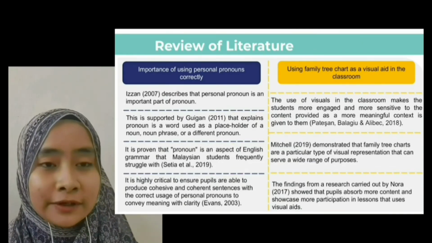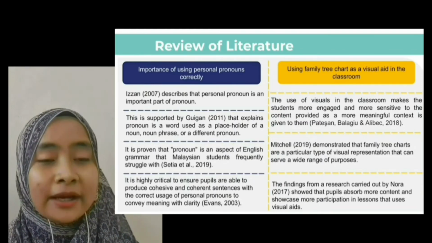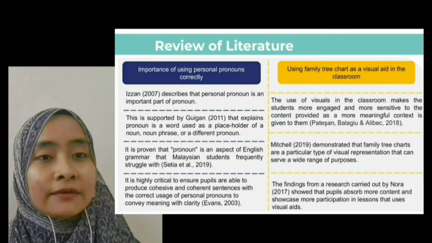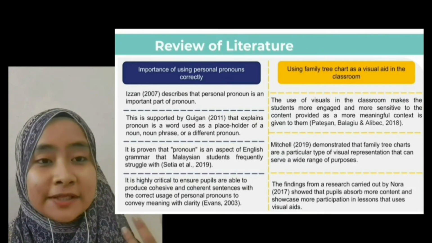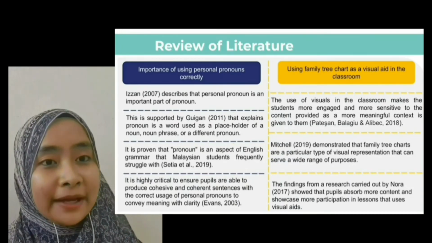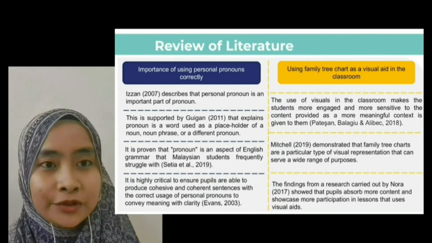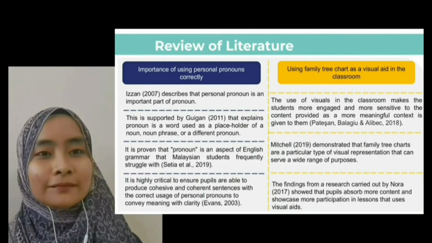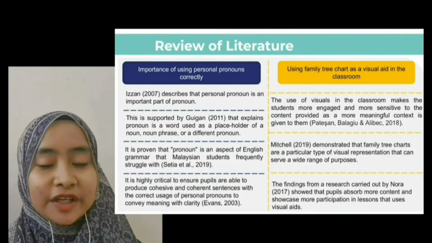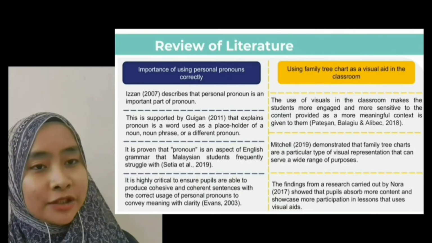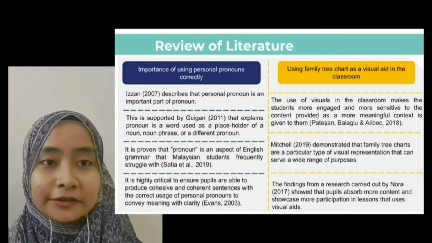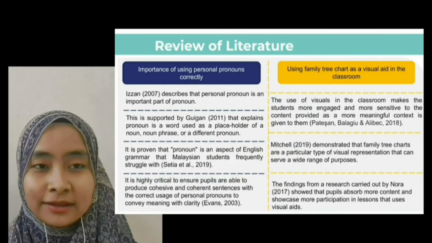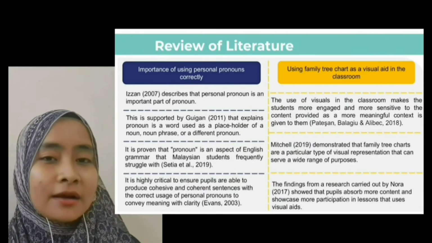Now, these purposes are often overlooked in the classroom and also in teaching and learning because teachers and educators fail to explore the possibility of the benefits that the family tree chart approach or strategy can bring to our students. The wide range of purposes mentioned by Michelle can be beneficial across a variety of fields, particularly in education, like I mentioned just now.